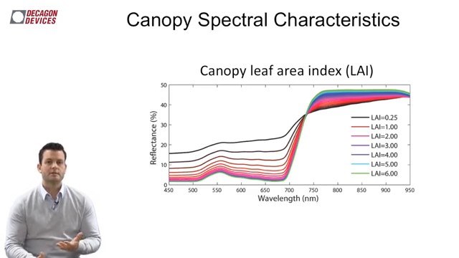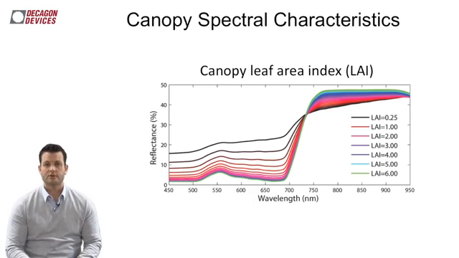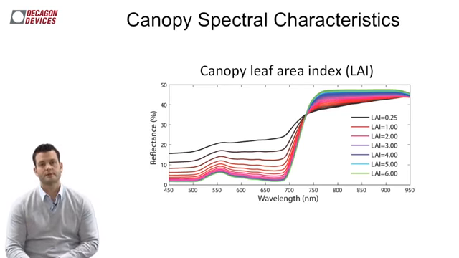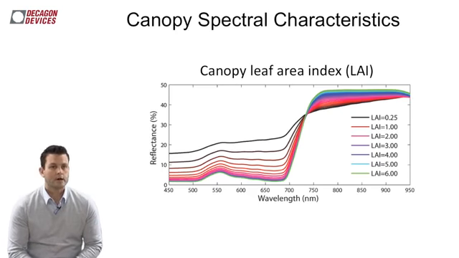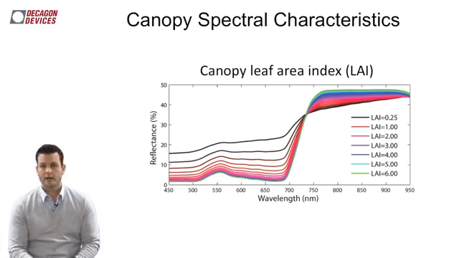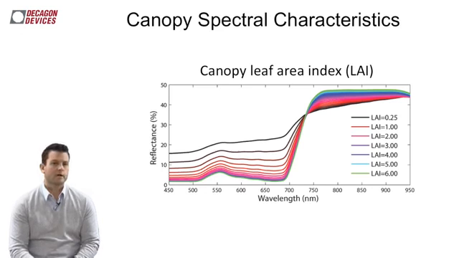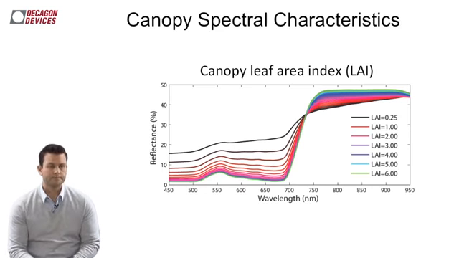And as we stack them all together, you can see that leaf area index also can have a pretty dramatic effect all across the visible and near-infrared portions of the spectrum, with particularly strong effects in the red region, I'd say from about 600 to 700 nanometers. But also in the near-infrared, as we add leaf material, we're getting higher and higher reflectances.